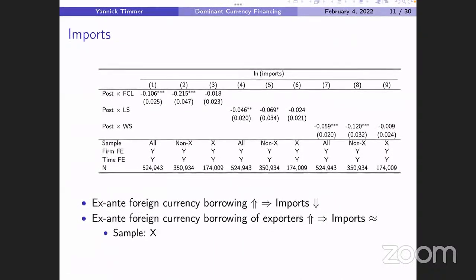For imports, we indeed find evidence that ex-ante foreign currency borrowing reduces the imports during the depreciation, and you can see that in the negative and strongly significant coefficients in columns 1 and 2. Column 1 captures all firms.